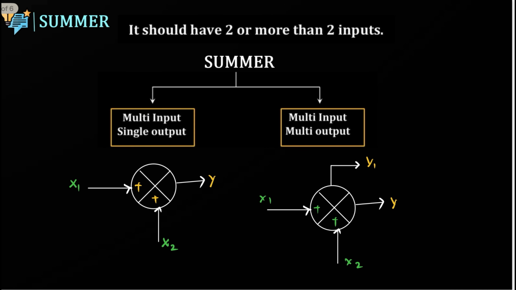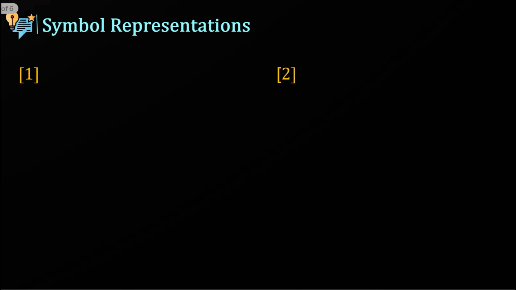Now let us go into symbol representations of the summer block. Let us say I have two inputs and two outputs.